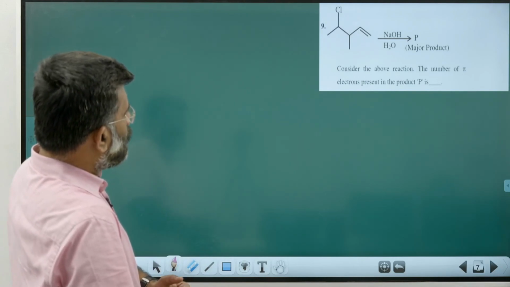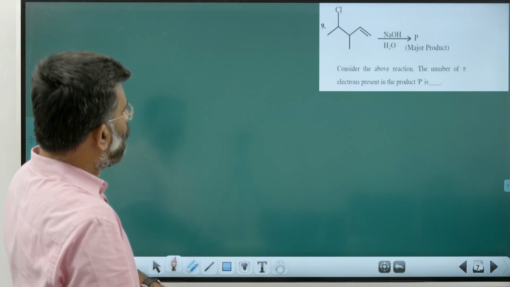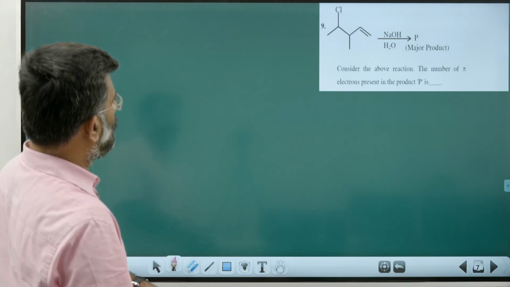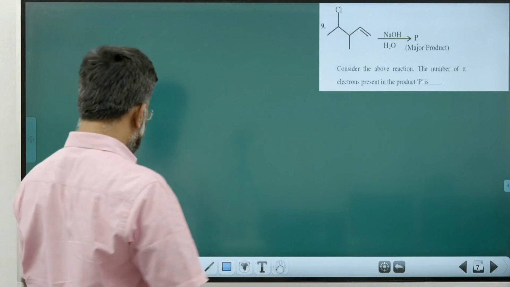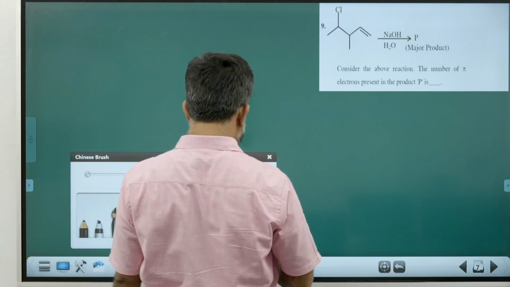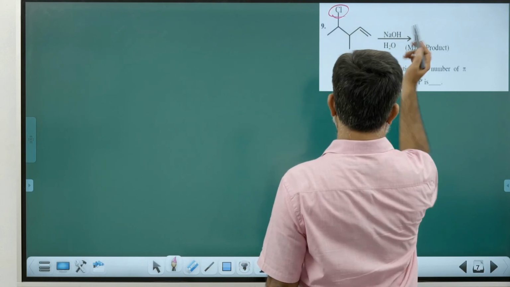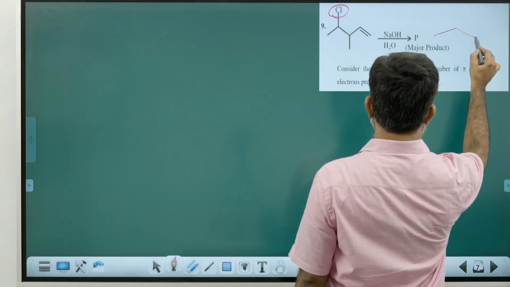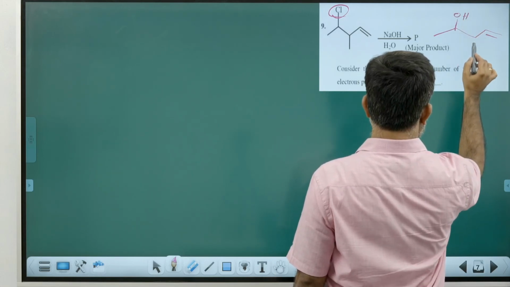Consider the reaction. The number of pi electrons present in the product P. See, the compound is subjected to hydrolysis, there is nothing special. Chlorine will be replaced by OH, nothing else.